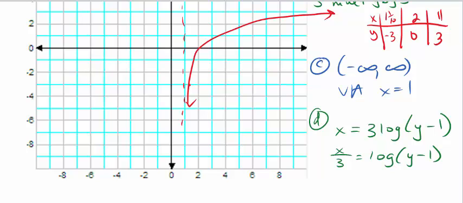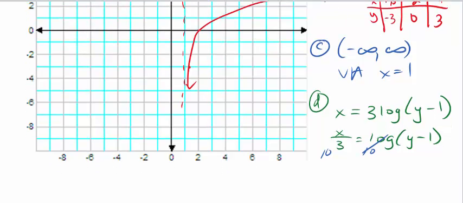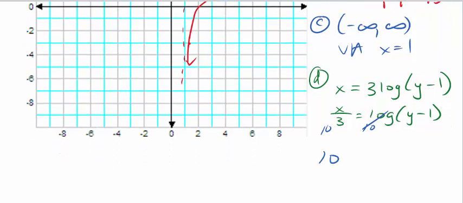Remember, to get rid of a log, we're going to make it the power of whatever the base is. So our invisible 10 is now going to be the base of an exponent. These will cancel. And we will have 10 to the x over 3 equals y minus 1. So y equals 10 to the x over 3 plus 1.